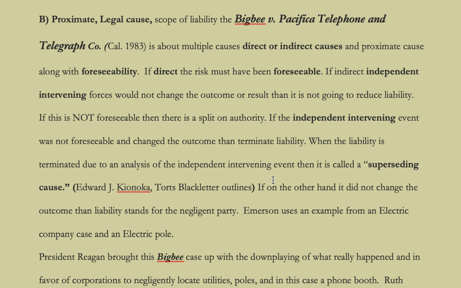So this guy is partially crippled for the rest of his life. He was in the phone booth, I guess, and he was hit by a reckless driver. Now in reality, he sued the driver.